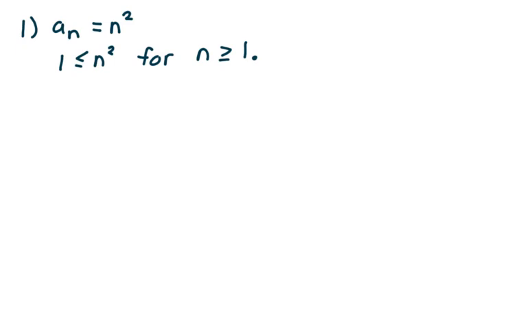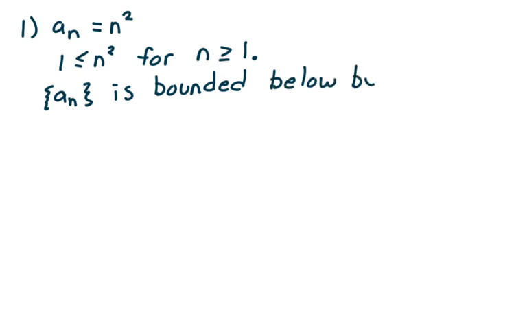And so what we can say is that the sequence a sub n is bounded below by 1. Okay? We just need one number that works. There could be others. So I can claim that this sequence is also bounded below by a half. That is a fact. But we just need one number that will work the whole time.